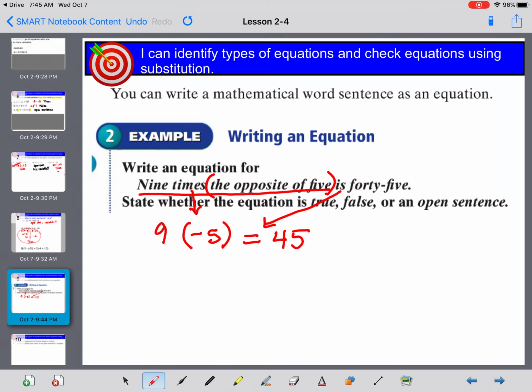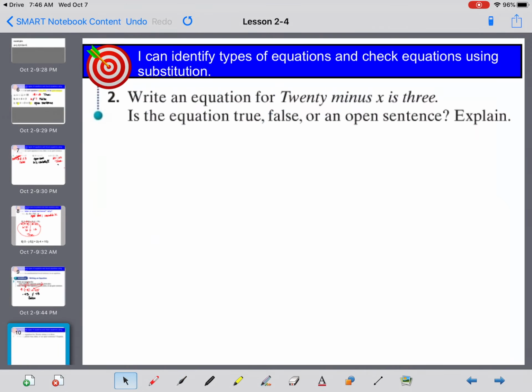Is that true, false, or an open sentence? Now I need to do the math. 9 times -5 is negative 45. Does negative 45 equal 45? No, it doesn't. That is false, and I put a slash through the equal sign to explain my work.